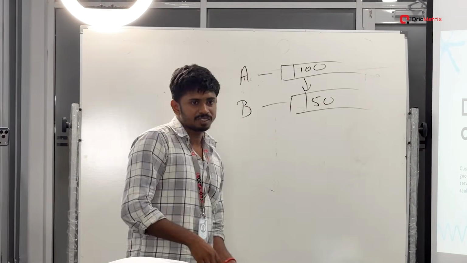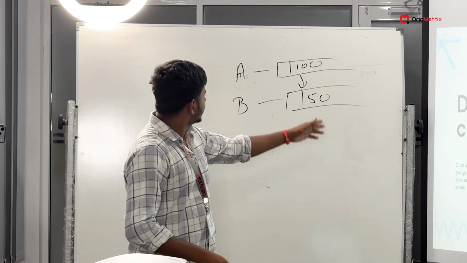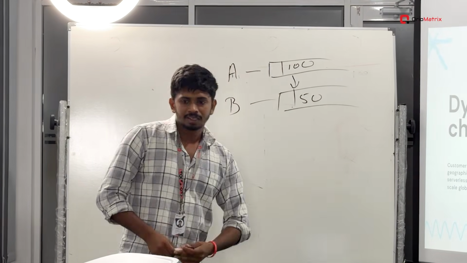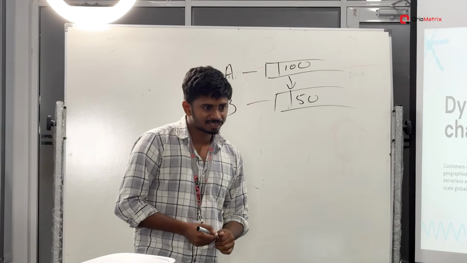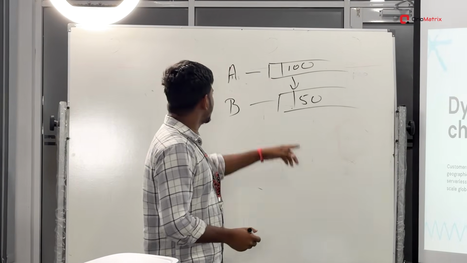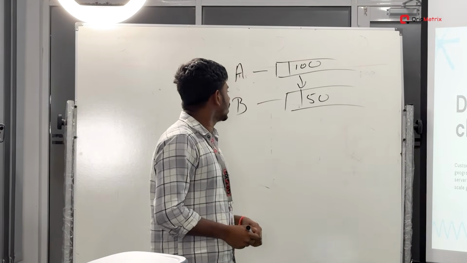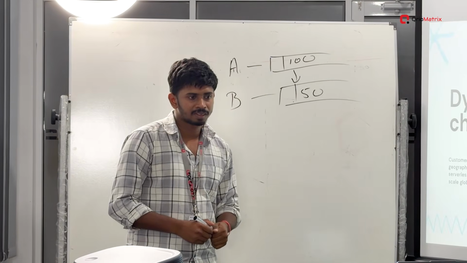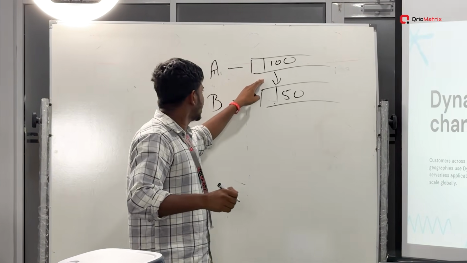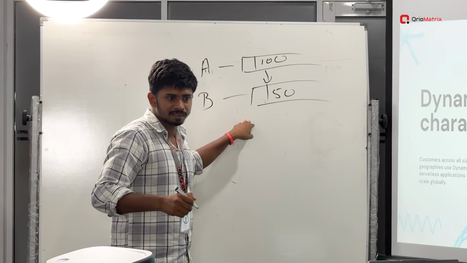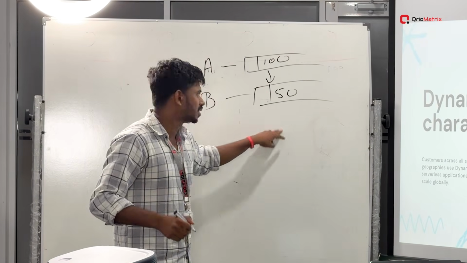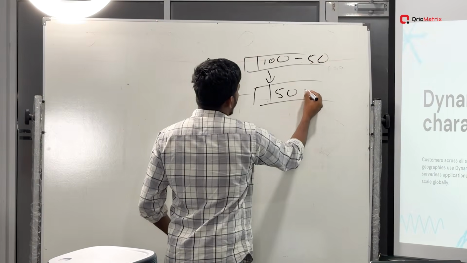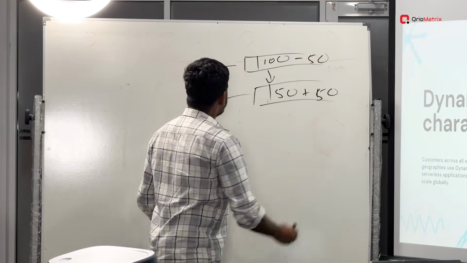But for this scenario, just think they have two records, one for A and one for B. So what will happen when A needs to transfer $50 to B? It will deduct from A and add to B, right? For these records, for these amounts. So here it will deduct 50 from A and add 50 to B.